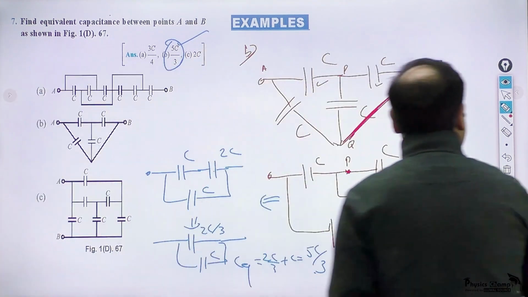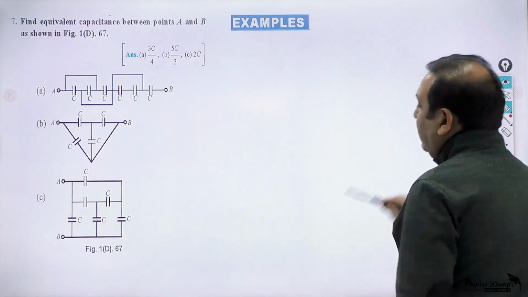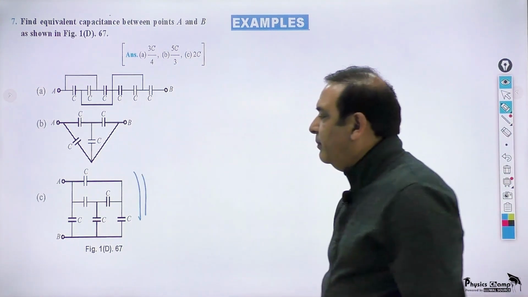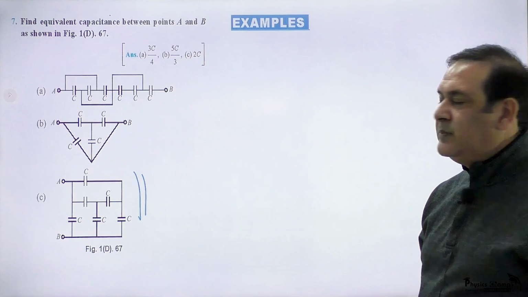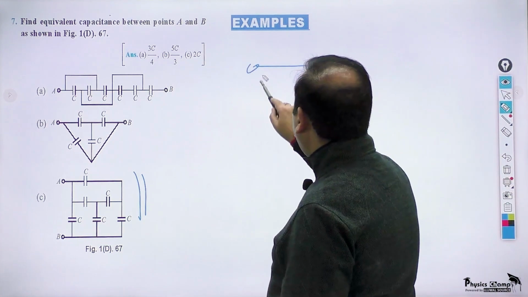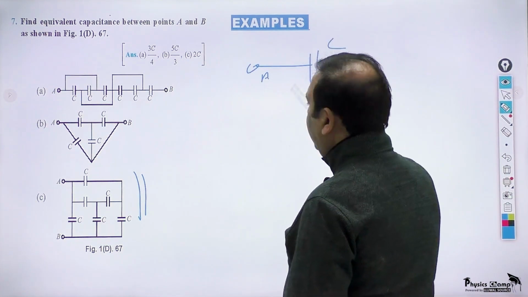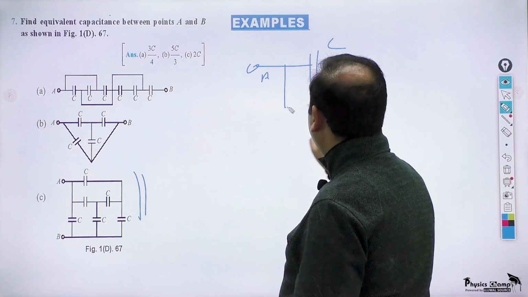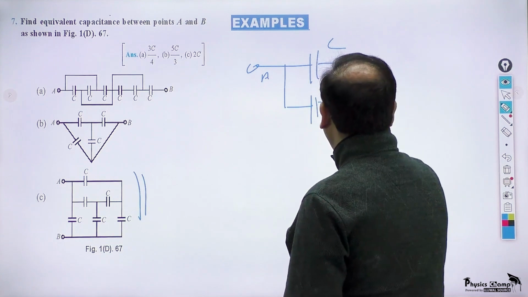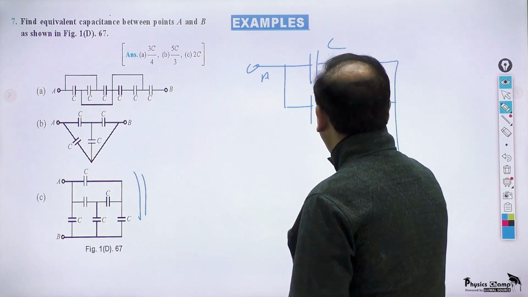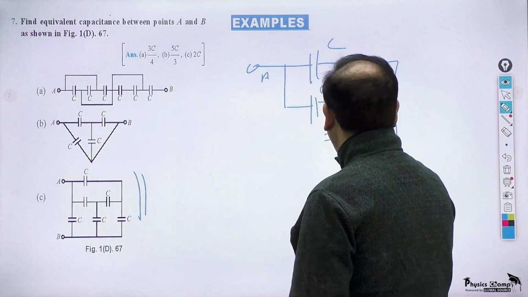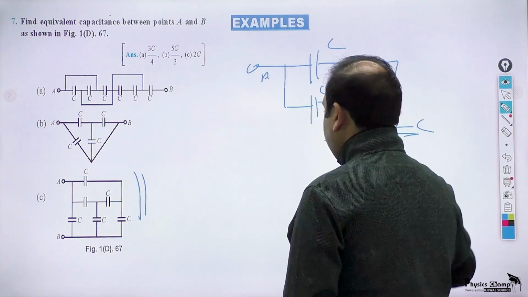Now case C is very special. Here you have A, C connected here, then you have two capacitors here, C and C. You have a capacitor C here, you have a capacitance C on this side.